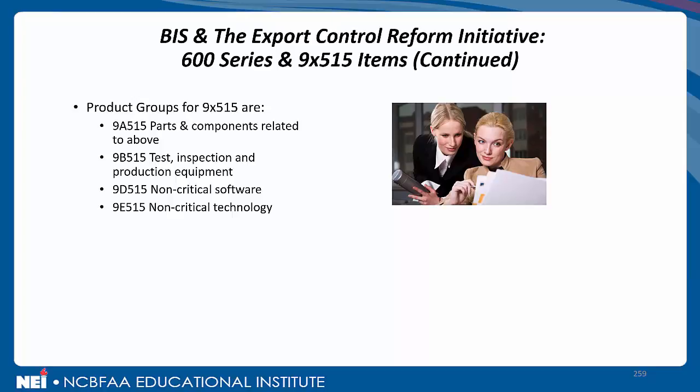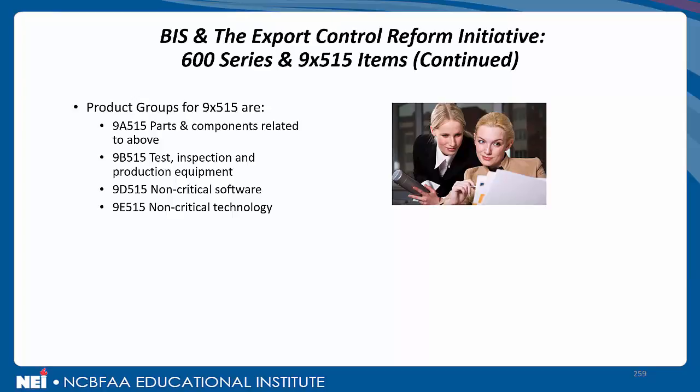This is a nice place to stop for a second and reiterate this whole idea of the groups, the letters that we've talked about so much now. So if we went back to our original slide, where we discussed 3A001, that slide put forth by EAR, we could see that A, equipment assemblies and components, we just saw that in our previous example.